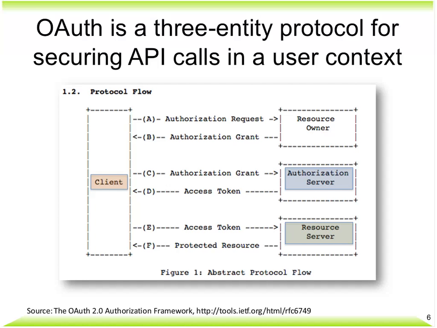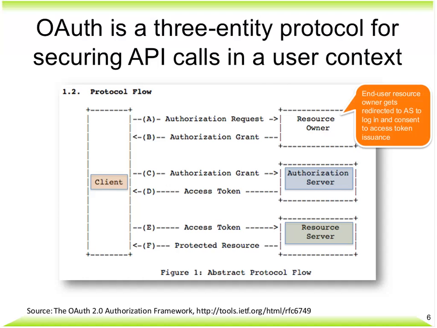And quite often the way that the resource owner engages in OAuth flows is that if you have, let's say, a third-party Twitter tool like Tweetbot and you want to connect it to your Twitter API to make calls on your behalf, you get redirected to Twitter to log into your Twitter account and consent to the issuance of an access token that Tweetbot can then use.